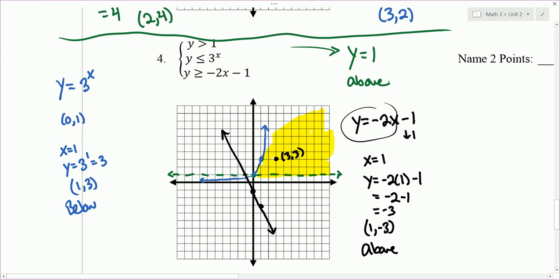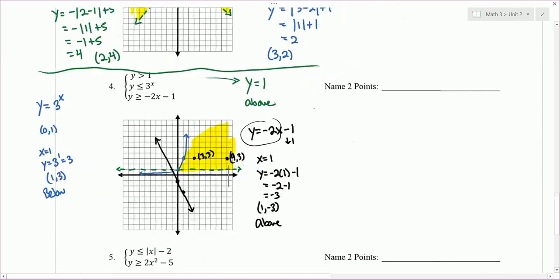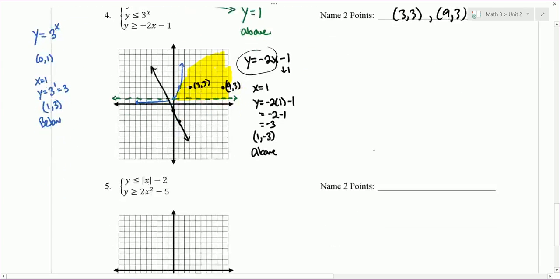And maybe this one right here at 1, 2, 3, 4, 5, 6, 7, 8, 9, 3. And I'll put those 2 points in here. So 3, 3, and 9, 3. All right, last one, number 5.